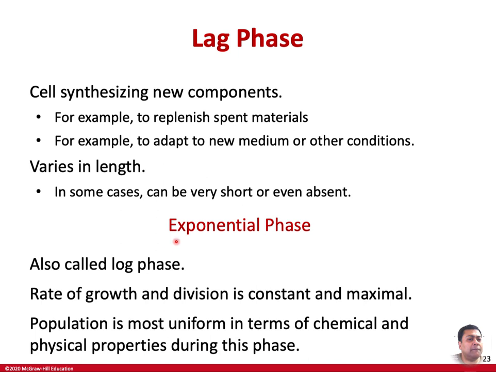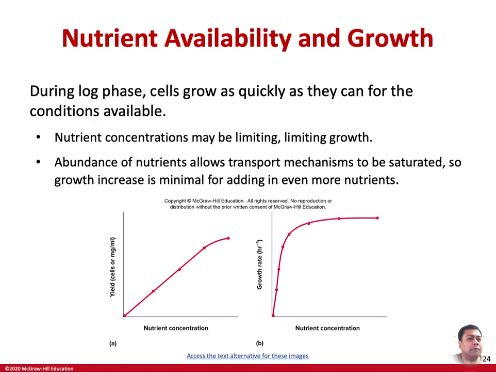And this is the phase where you target your antibiotic, because as they are actively synthesizing everything in the cell, it is easy for the antibiotic to target those enzymes which are responsible for their replication, so that the growth can be stopped. So most of the time, antibiotics work best in this exponential or log phase.